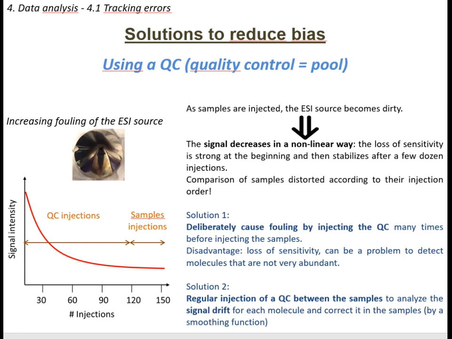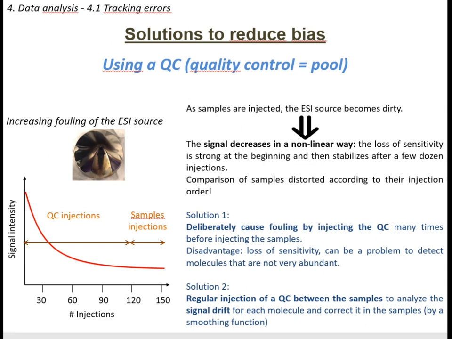The second solution, and one is not exclusive of the other, is to inject regularly, maybe every 10 or 15 samples, the QC again, the same sample again and again. Then you will use software or an algorithm that will analyze the drift of the signal for each peak of the QC and correct it along the batch of analysis, the run.